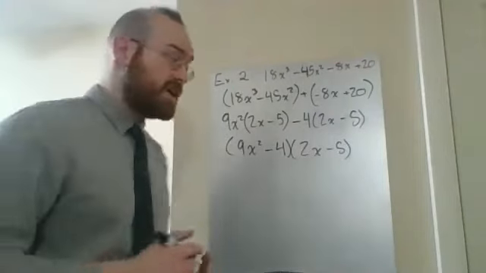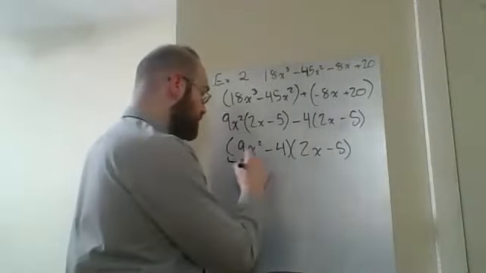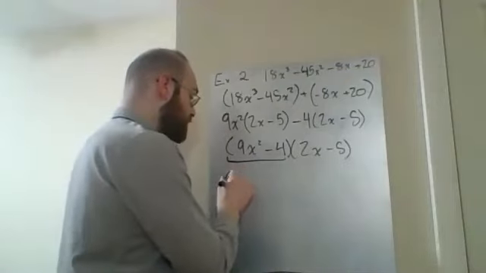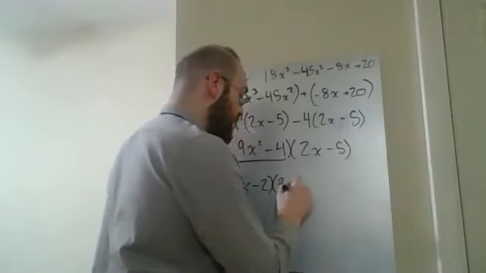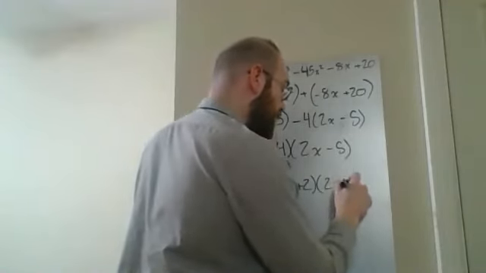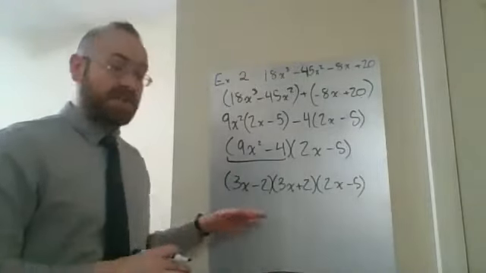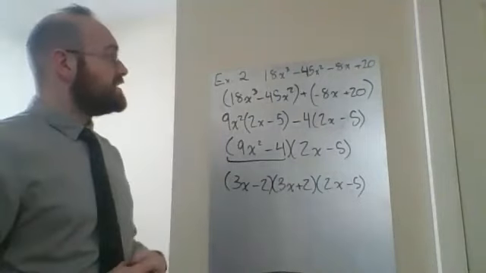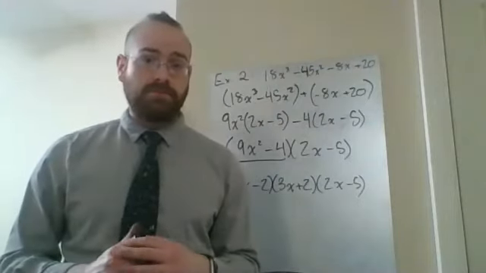Hopefully you've recalled the difference of squares formula, which says 9x squared minus 4 can be factored as 3x minus 2 times 3x plus 2, and then we carry down the remaining factor of 2x minus 5, and this is now the complete linear factorization of 18x cubed minus 45x squared minus 8x plus 20.